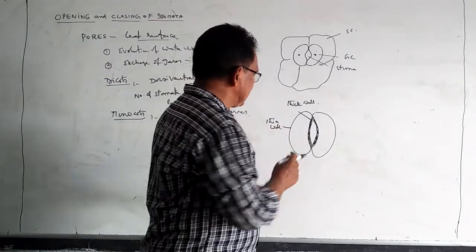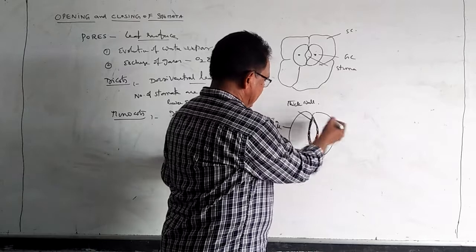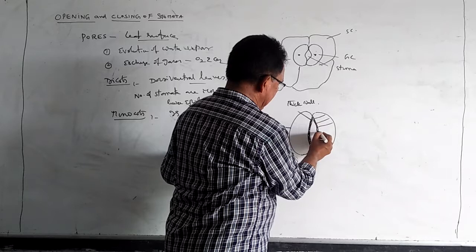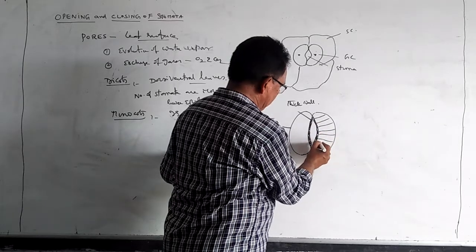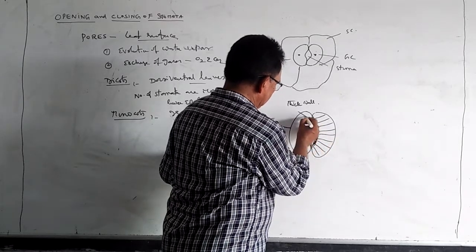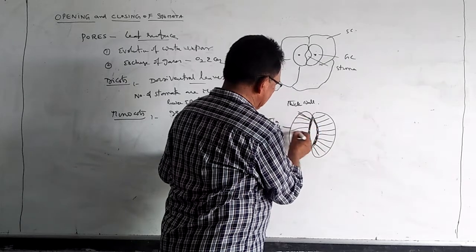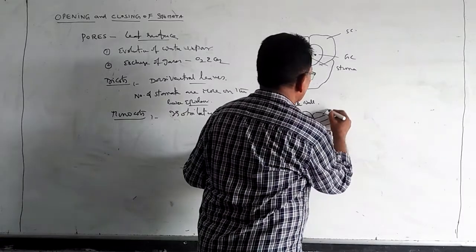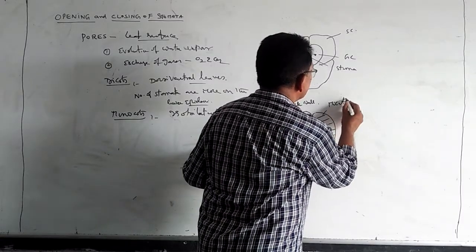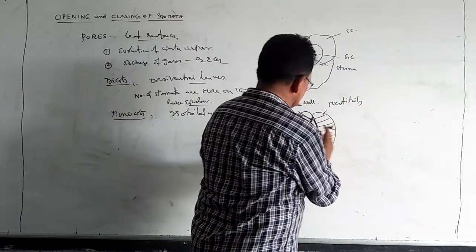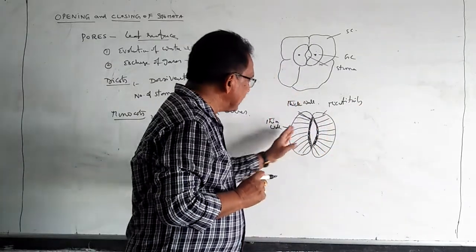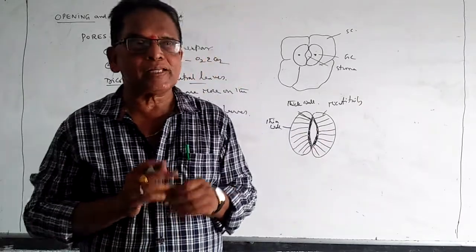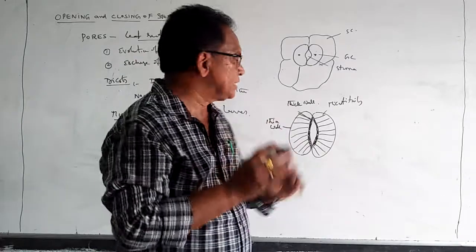In addition to this, if we observe the guard cells, we can also observe some microfibrils. And these microfibrils are arranged radially instead of longitudinally. So the radial arrangement of microfibrils is also useful for stretching the guard cell.